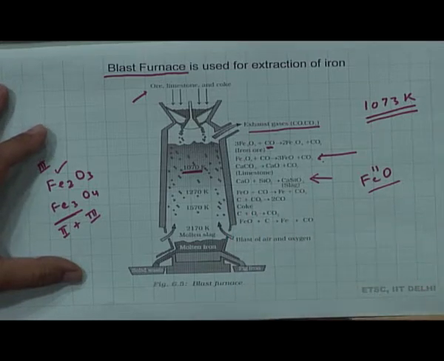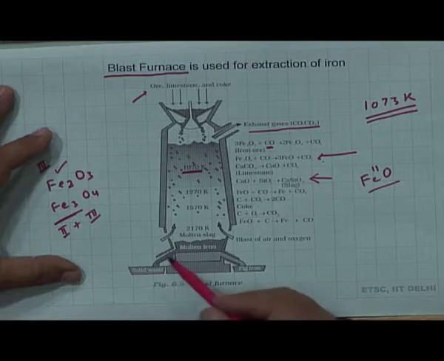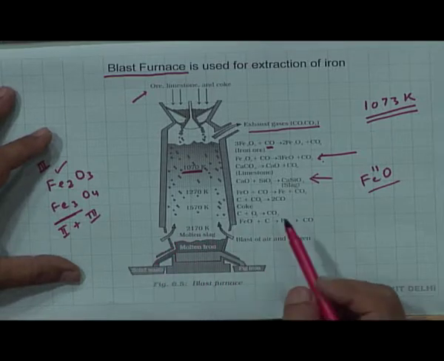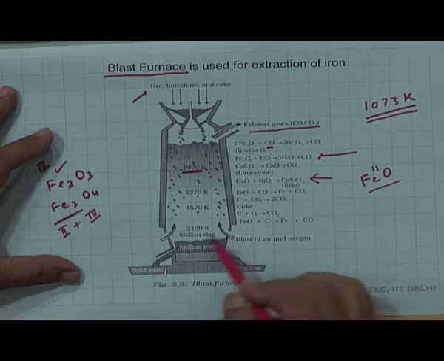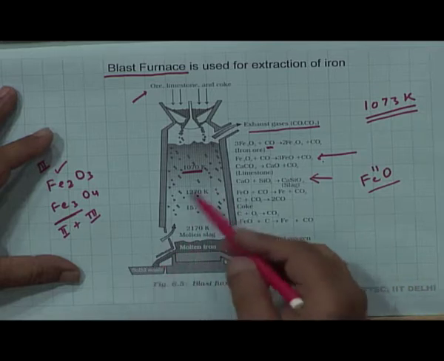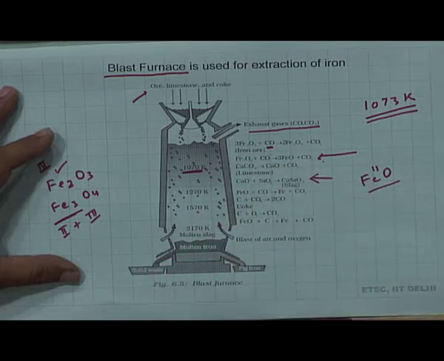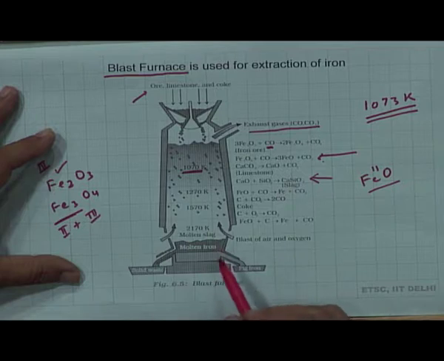Why do we call this a blast furnace? This name is used because hot air is blown into this furnace, and molten iron is here, and below is the slag.